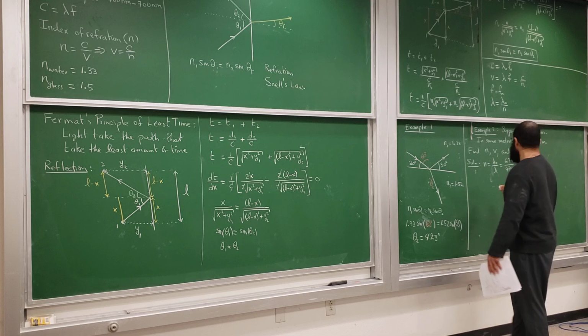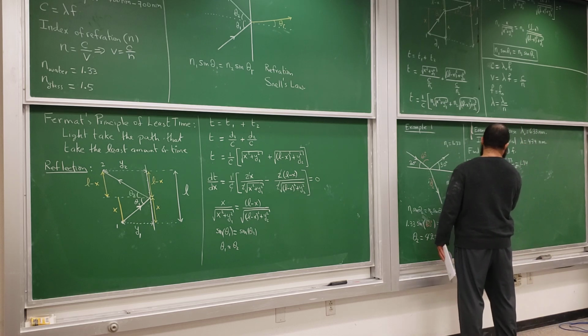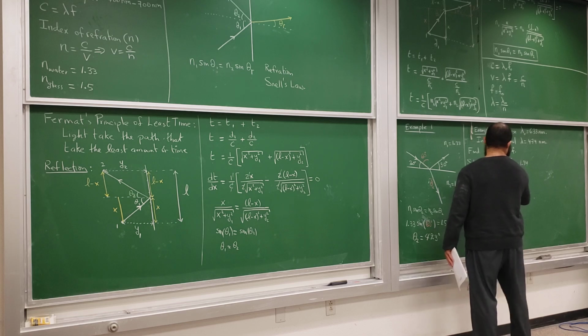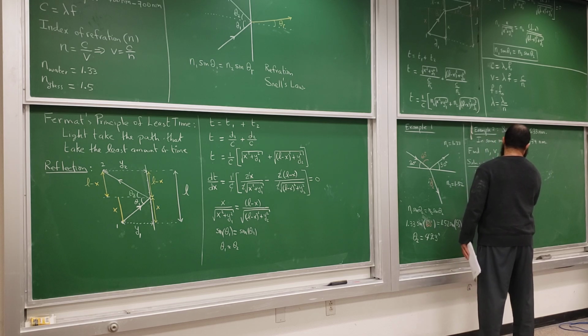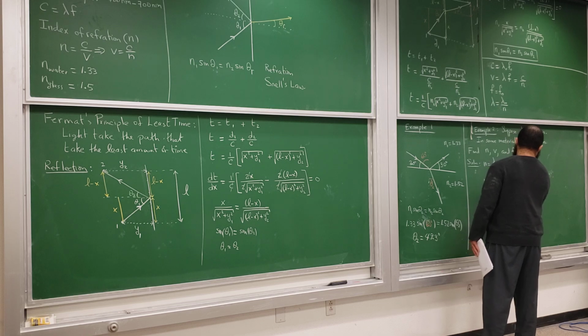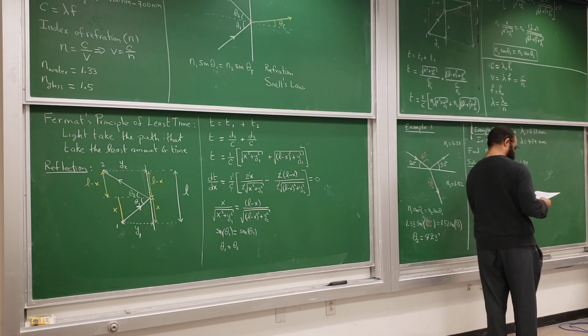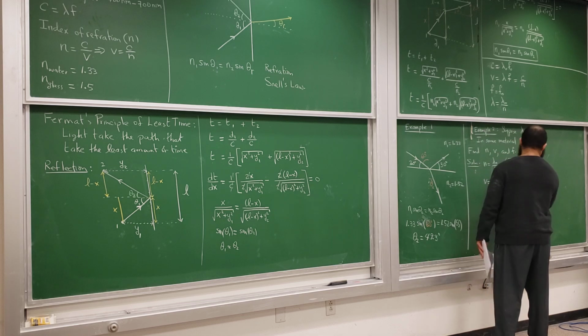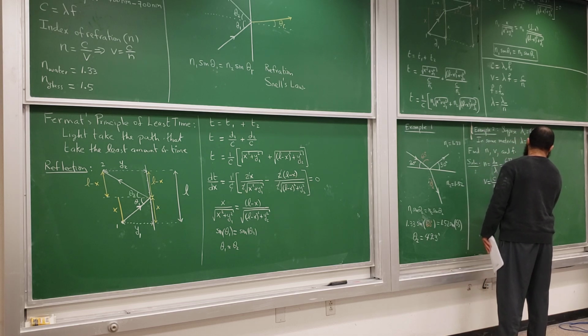Next thing is the speed of light in this medium will just be c over n, right? C is 3 times 10 to the 8 over 1.34, so it'll be a little bit slower. And that speed is approximately 2.25 times 10 to the 8 meters per second.